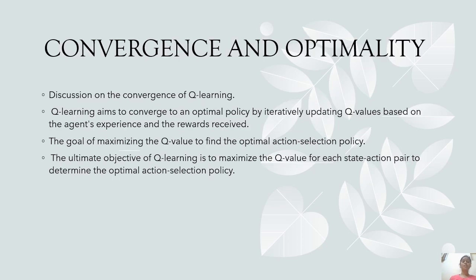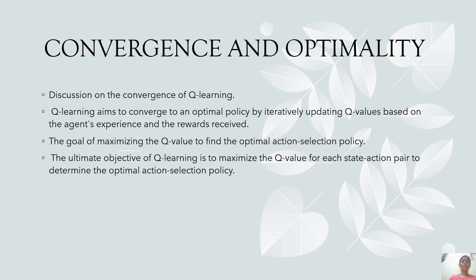Then we go to convergence and optimality. Discussion on the convergence of Q-learning. Q-learning aims to converge to an optimal policy by iteratively updating Q values based on the agent's experience and the rewards received.